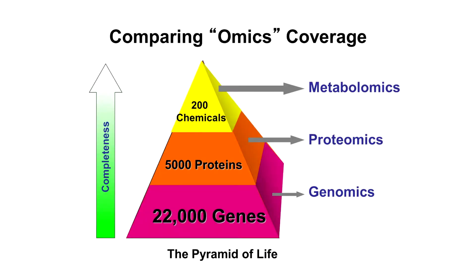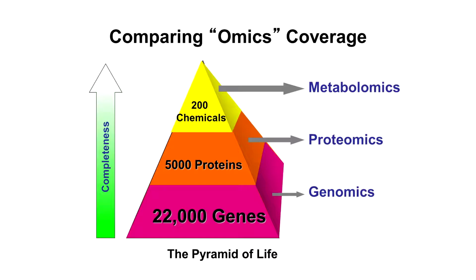Now, even with the efforts of many thousands of scientists, metabolomics is still very limited in its coverage. So it's now quite routine to sequence entire genomes, human genomes, rat genomes, almost any mammalian genome, for between $1,000 and $2,000. And we can typically measure not only the billion or 3 billion bases, but we can identify all 22,000 genes.